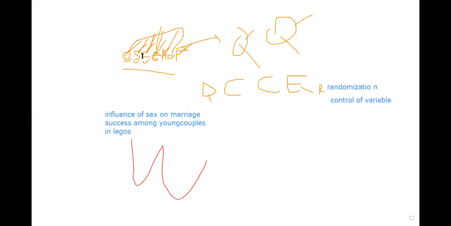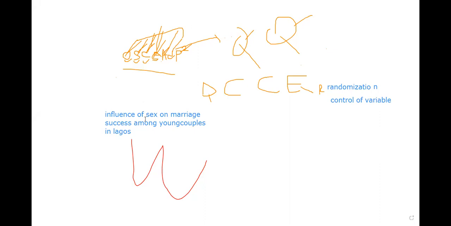All right, so that's what we have: influence of sex on marriage success. Now, sex is what variable? Is it dependent? Why is it independent?